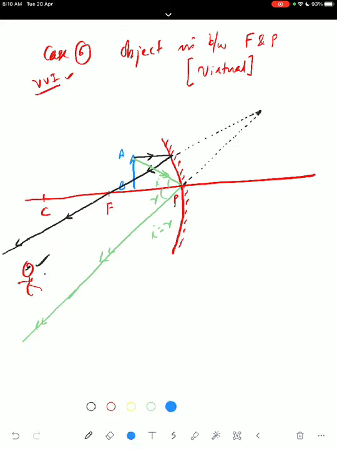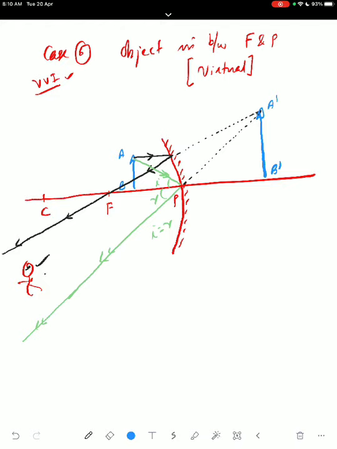So you get the virtual image A dash B dash. The rays appear to come from A dash. This is a virtual image, and the image location is behind the mirror.